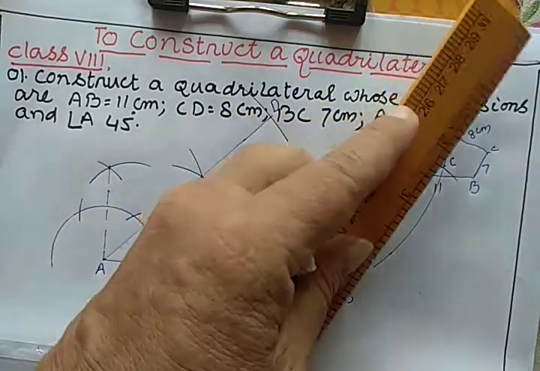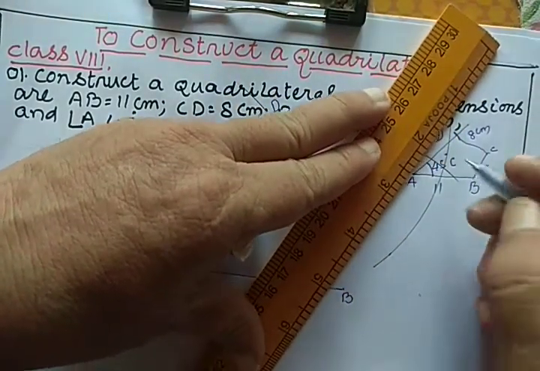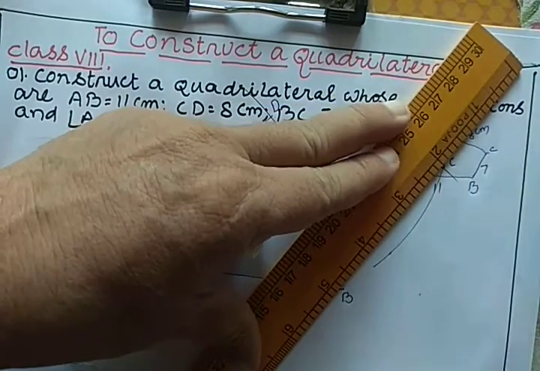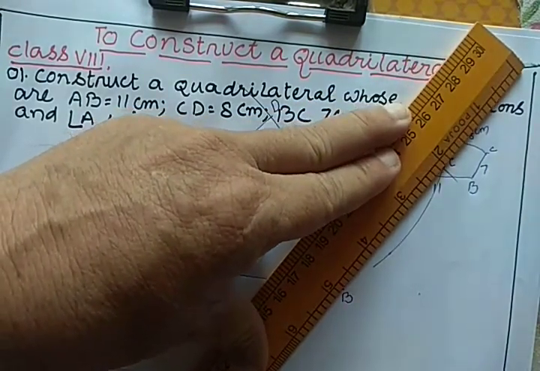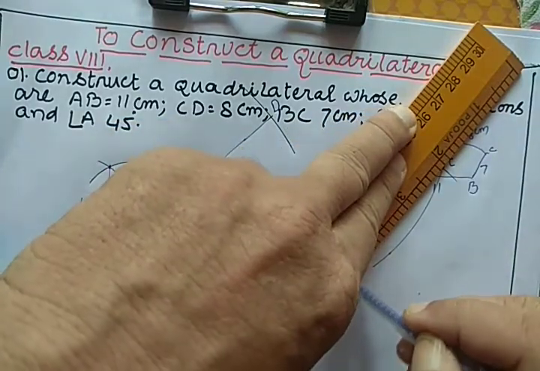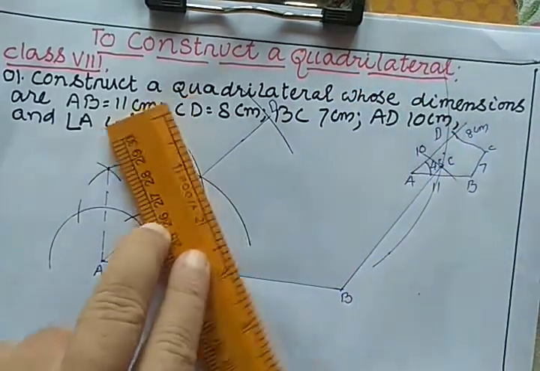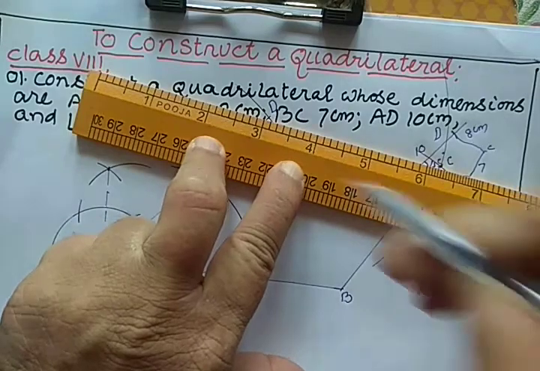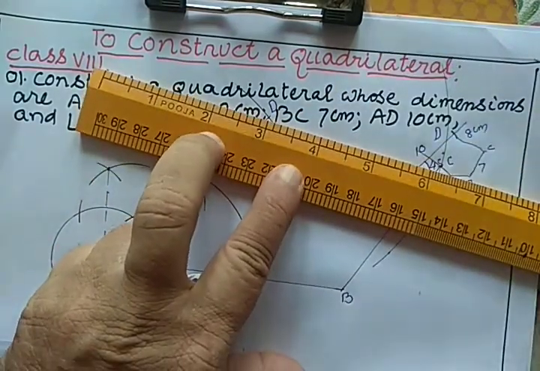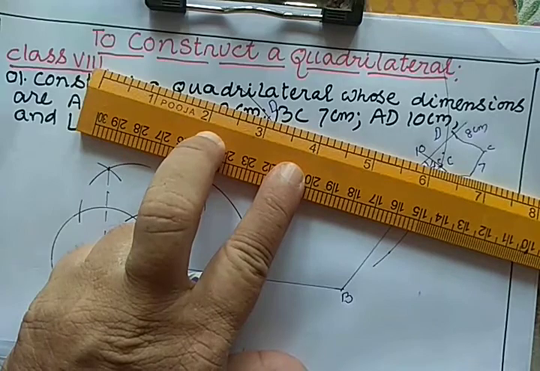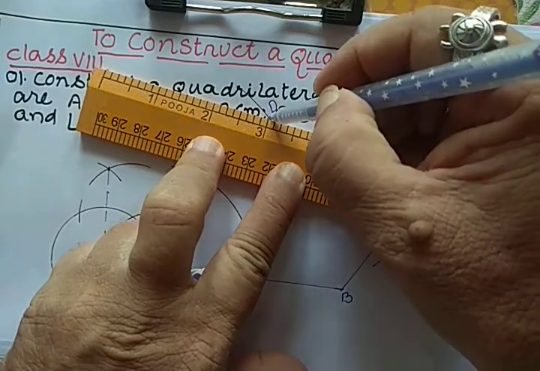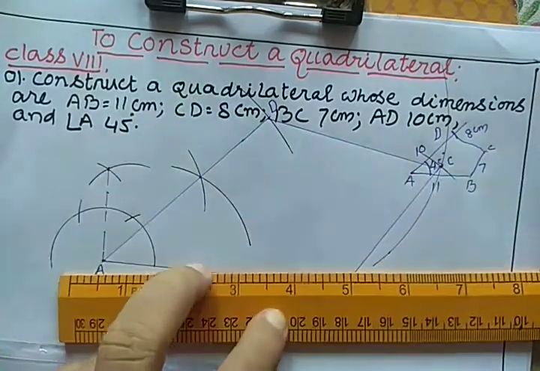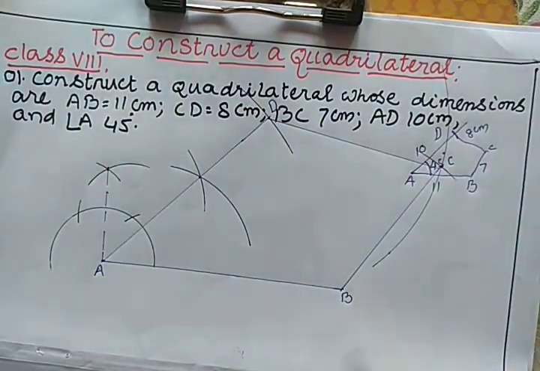Now I join BC and CD. Clear? So this is your required quadrilateral.